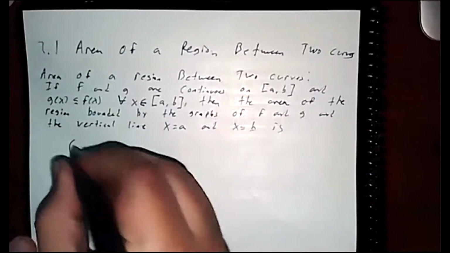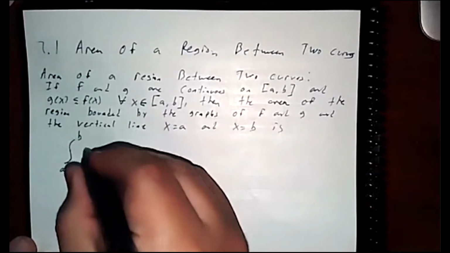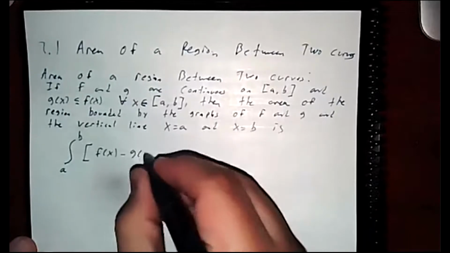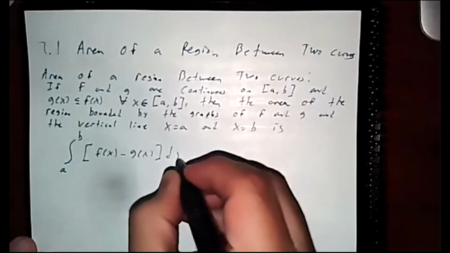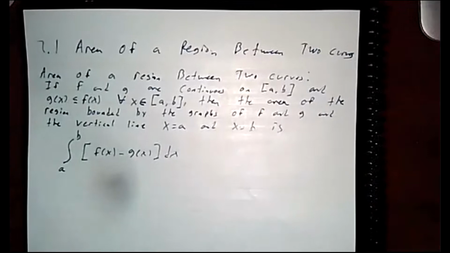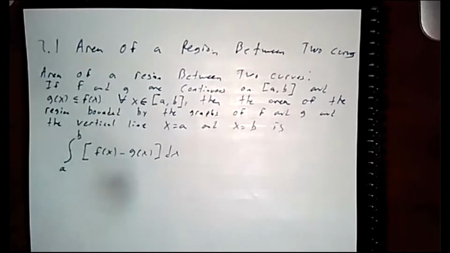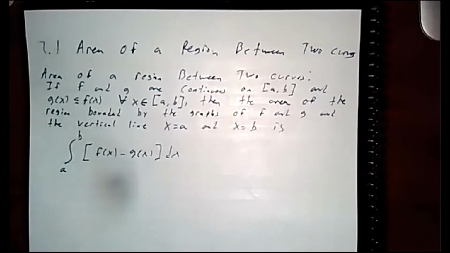Integral from a to b of f of x minus g of x dx. So this is the top function minus the bottom function if we're doing it in terms of dx. Okay.